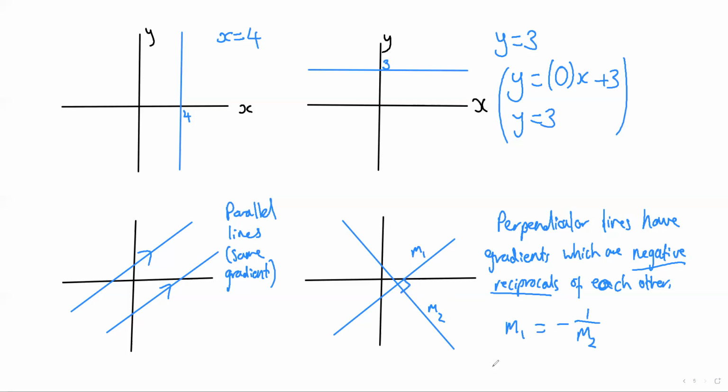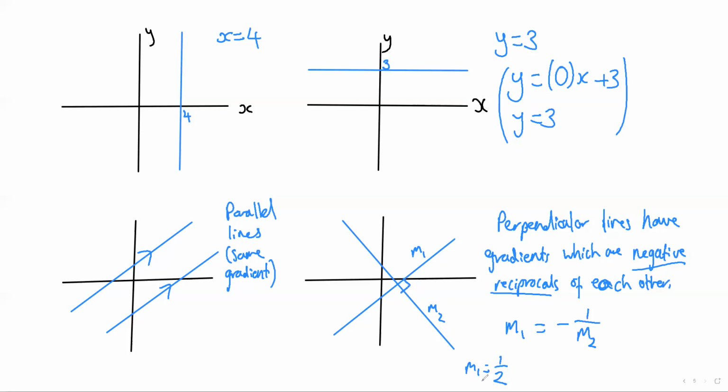So for example, if m1 is 5, which doesn't really make sense with that graph, so I'm going to put something like 2. Then m2 would be, well, let's say a half, sorry, just makes more sense.